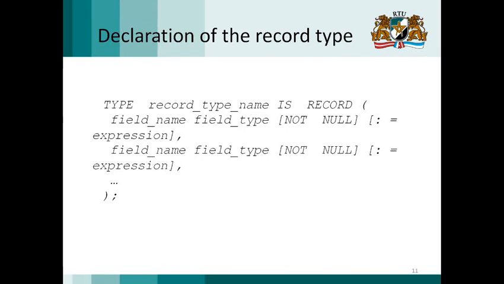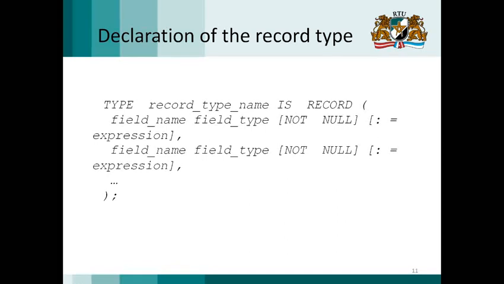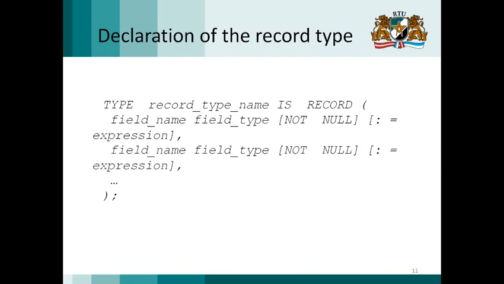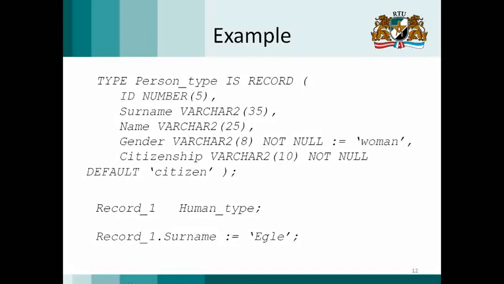We have name, for example, char2 10, and we can have surname. And these are the fields of this record.